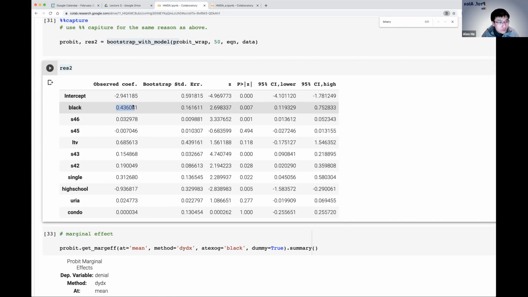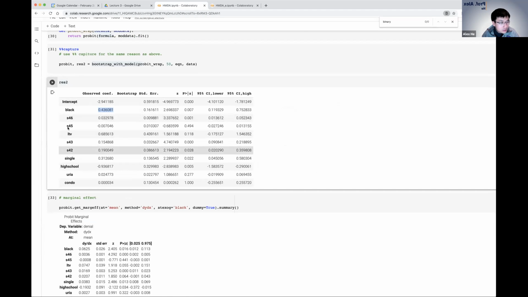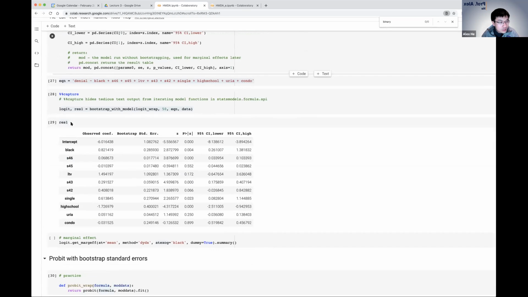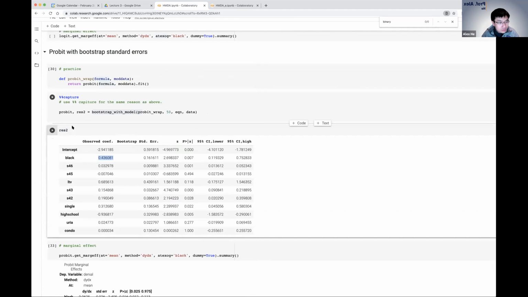And the coefficient looks very different, right? It's like 0.43. Before for Logit, it's 0.82. So the coefficient looks pretty different. This is also very significant with the p-value under 1%.